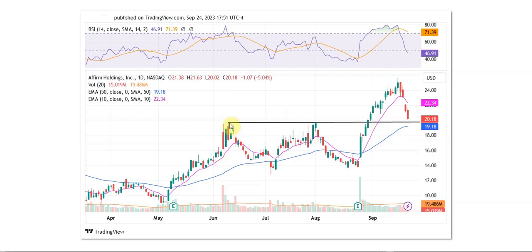I've got resistance here in June, touched it again in August, finally broke through in late August, where it went up and came right back down, and we're pretty much touching that level of resistance, which is now support. Okay, I've said this many times: resistance becomes support, and support becomes resistance. Will it trade below?